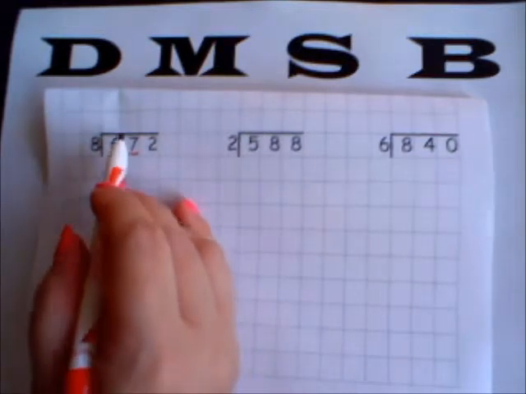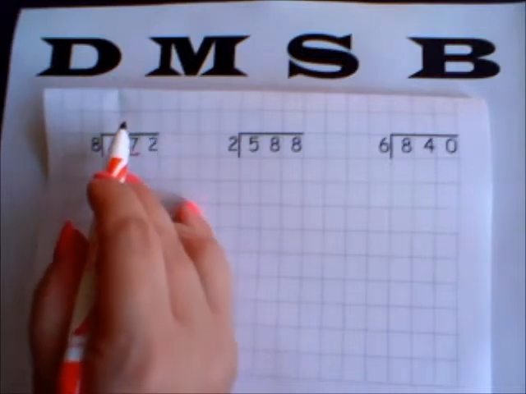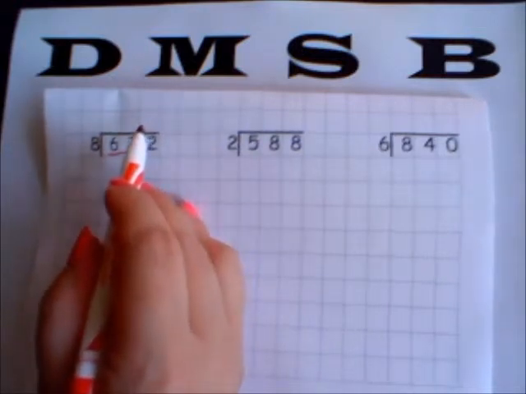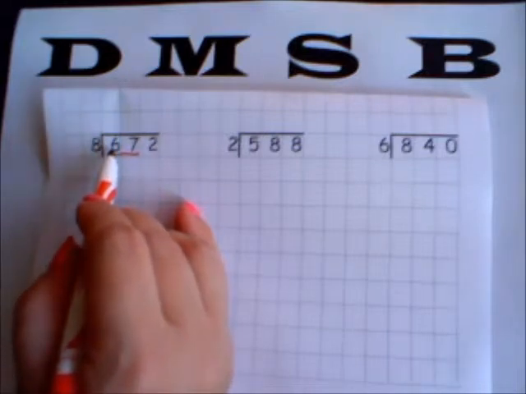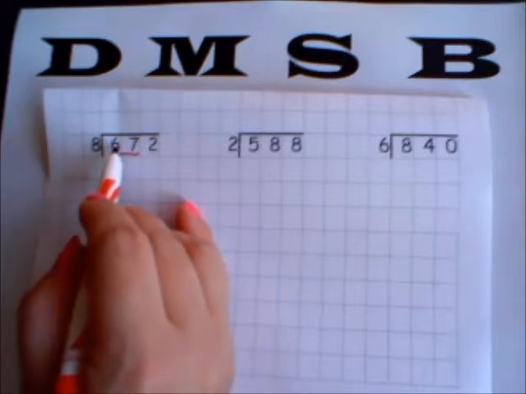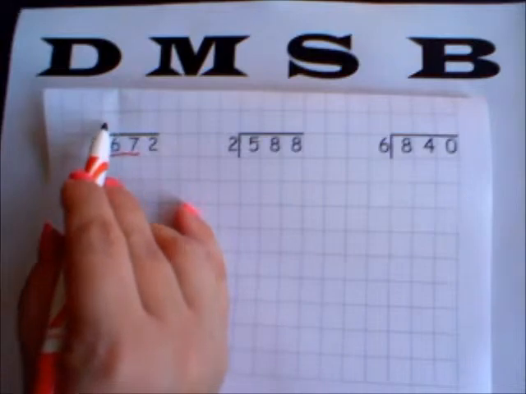But when we put our answer up here, when we put our quotient up here, we are not going to start our answer over the 6 because we didn't go into 6. Technically, 8 goes into 6 0 times.